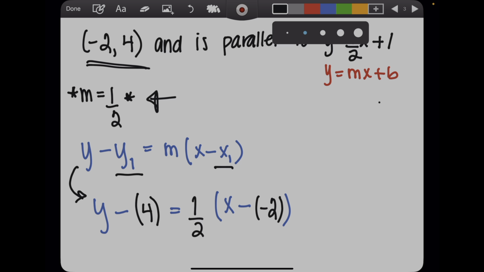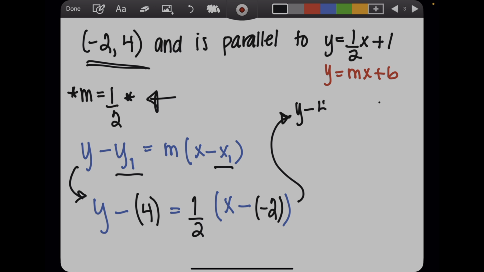Now we're left to simplify the equation, and we know how to do that. So that would be y minus 4 equals 1/2 x, because we have to use the distributive property, times +2, because a negative times a negative equals a positive.